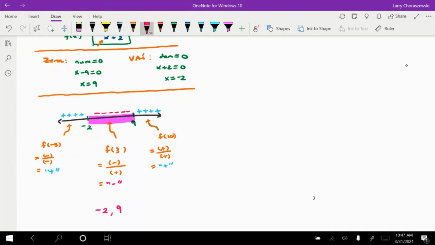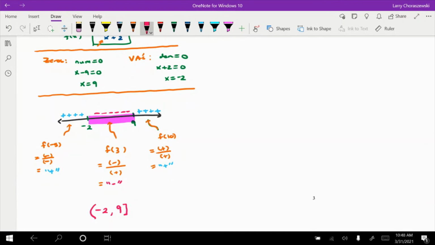Now check this out. I'm going to put a bracket on 9, but I'm not going to put a bracket on -2. Anybody want to tell me why I'm not putting a bracket on -2? Okay, kind of. I put a bracket on 9 because of the equal sign.